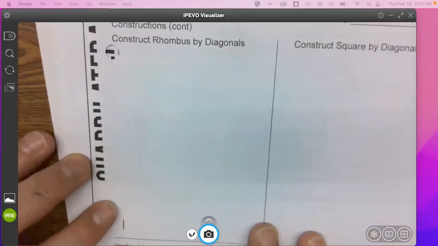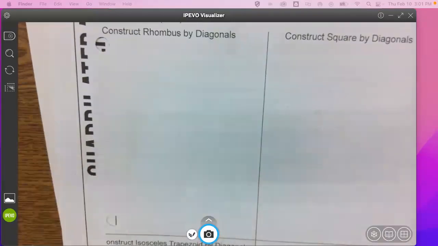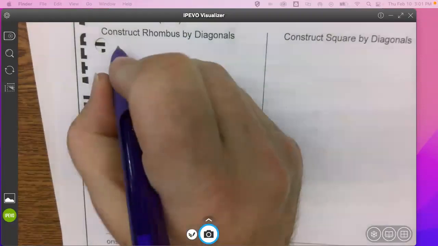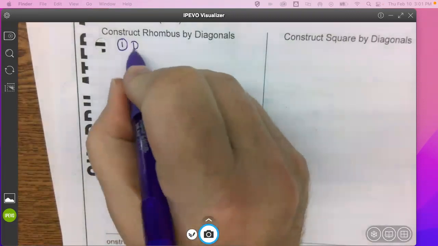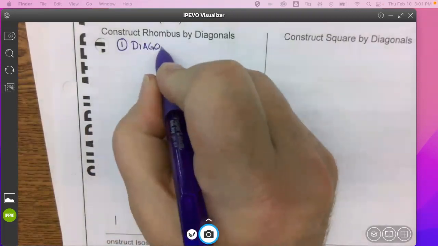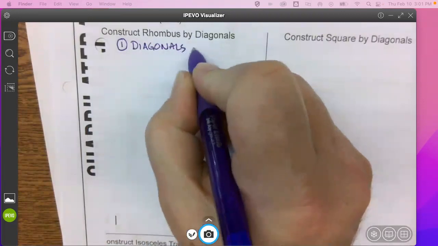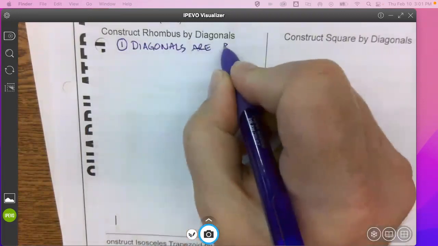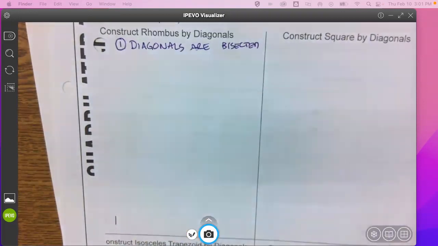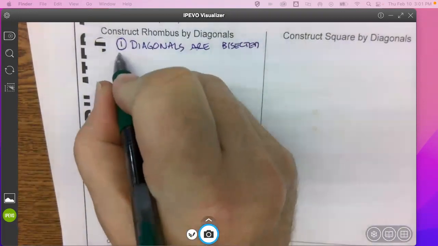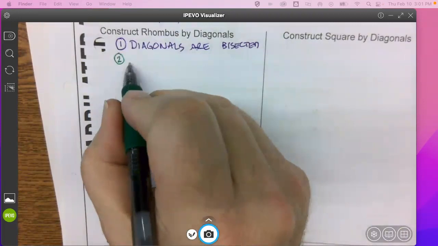All right, let's go to the rhombus by diagonals. What do we know about the rhombus diagonals? First of all, is it a parallelogram? Yes, so we know the diagonals are bisected. Second, good, I was going to go for the other one first.